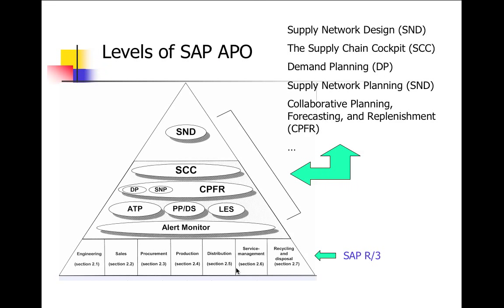Levels of SAP and advanced planning for the organization. We have supply network design, supply chain cockpits, management cockpits that can be created, and that usually has dashboard concepts in it. In fact, the concept of the management dashboard is part of the key components of most of these ERP systems. The dashboard is like what's happening with dashboards in general in other software.